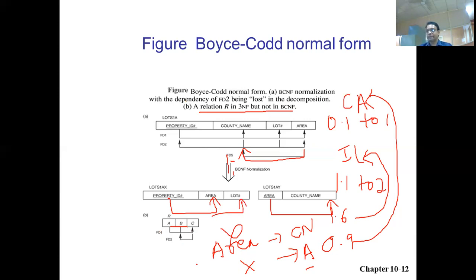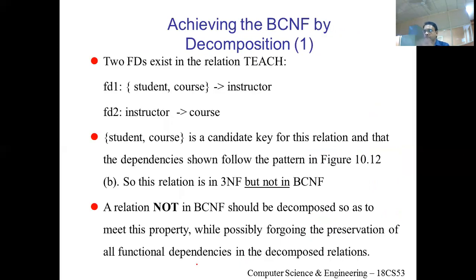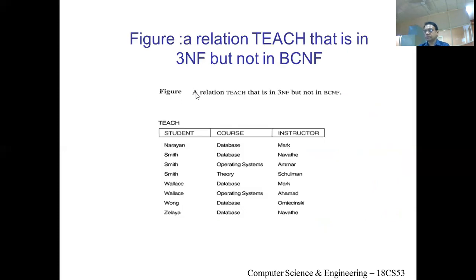I have two more examples to explain the Boyce-Codd normal form. You can consider the relation here: student, course, and instructor. Student name is there, course name is there, and instructor name is there. Student and course determine instructor. Narayan and database means the instructor for Narayan in the database course is Mark.